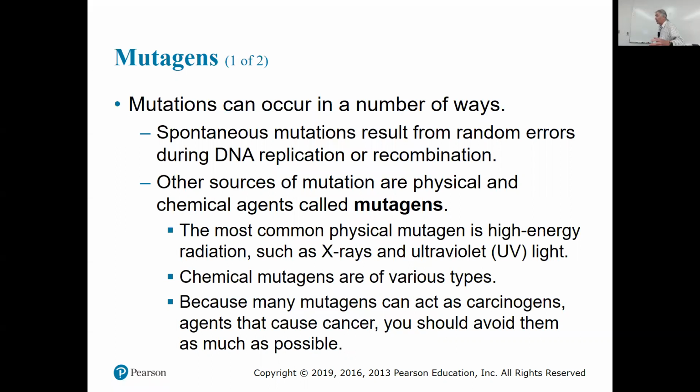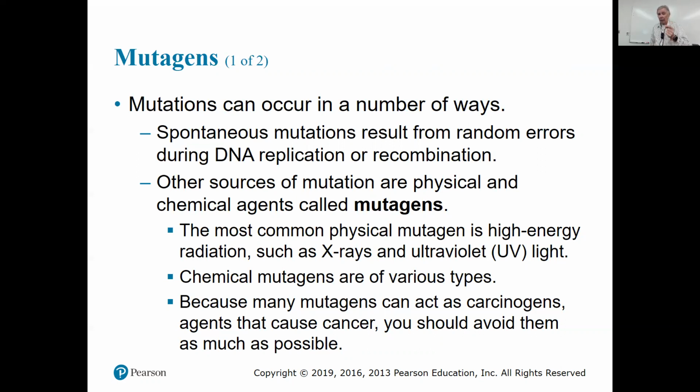Okay. Mutations can occur in a number of ways. Spontaneous mutations result from random errors because DNA polymerase is not a perfect enzyme. But other times you can increase the rate of mutation by being exposed to certain physical and chemical agents called mutagens. The most common is radiation.